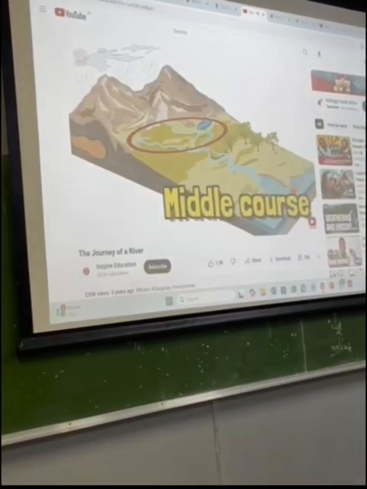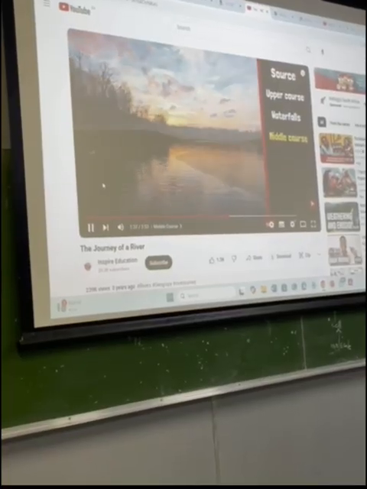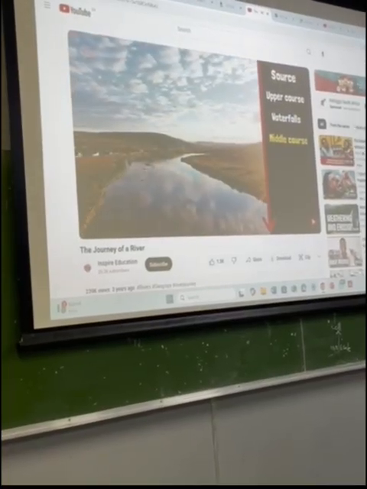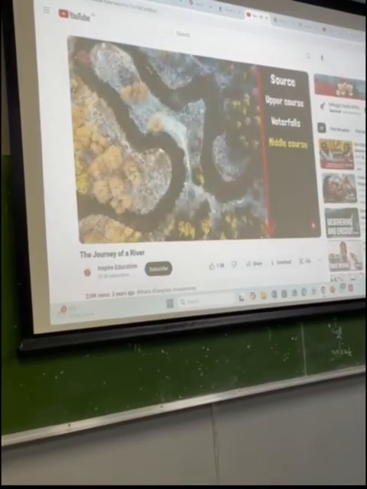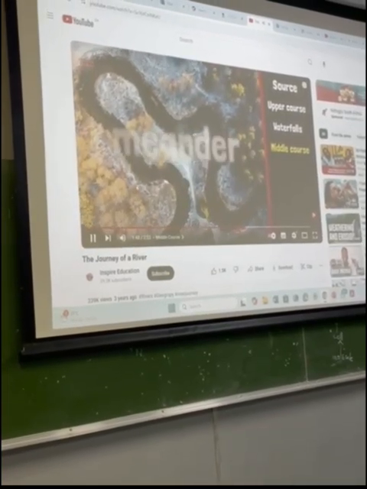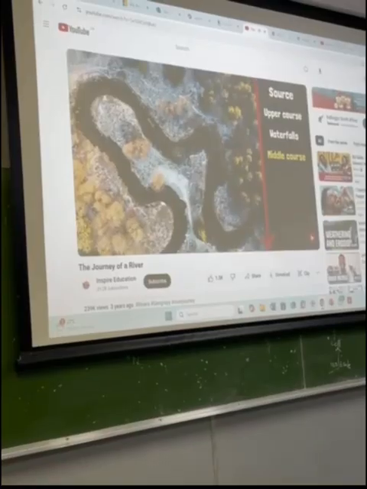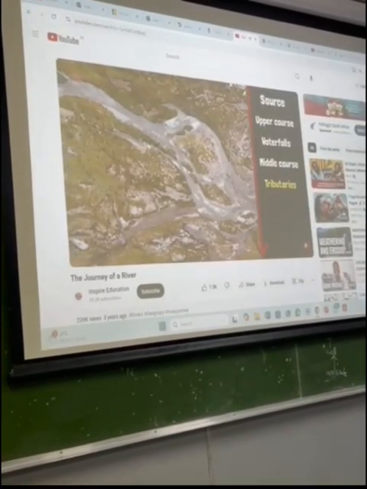Middle course. The river slows down when it reaches flatter ground. This is called the middle course. Rather than flowing in a straight line, natural erosion causes a river to meander, bending and looping through the countryside. Tributaries. Rivers and streams join together along the way.